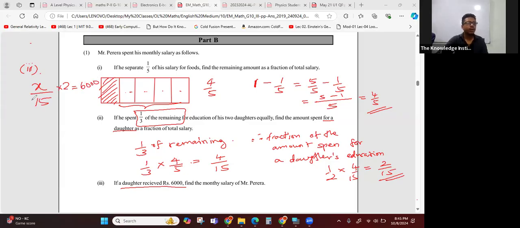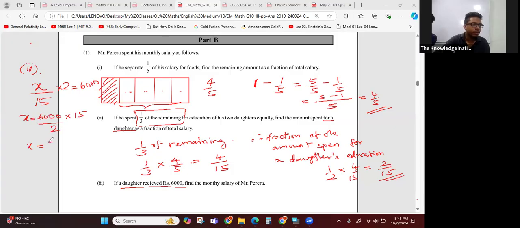Now what you have to do is make x the subject to find its value. So you can take division 15 to the other side, it becomes multiplication, and this multiplication 2 goes to the other side as division. Therefore, x equals 6,000 into 15 divided by 2.